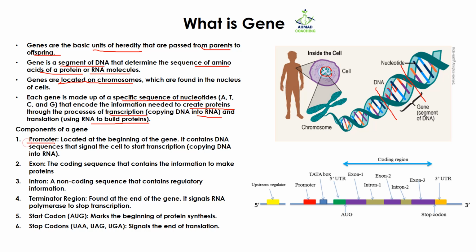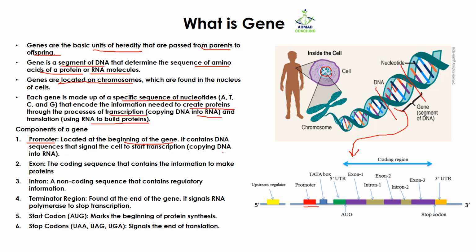The promoter region is located at the beginning of a gene. For example, we have this nucleotide sequence. When we zoom in, we have the start of the gene, and this is called the promoter.